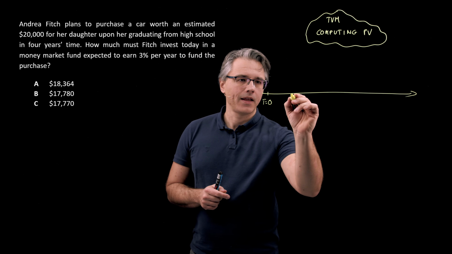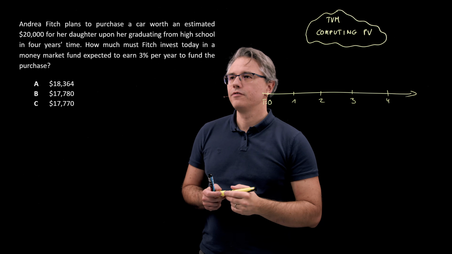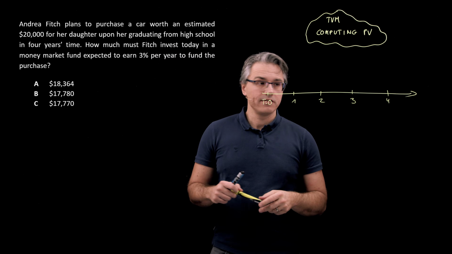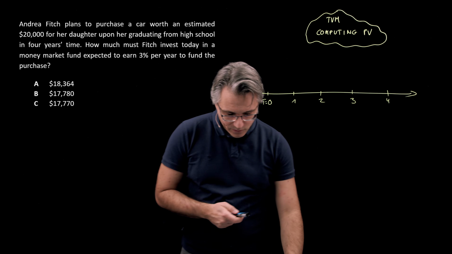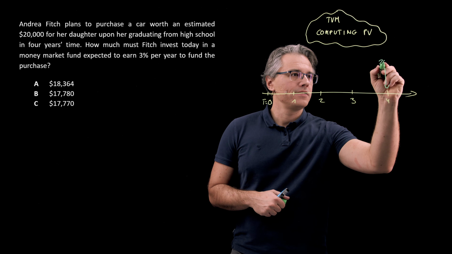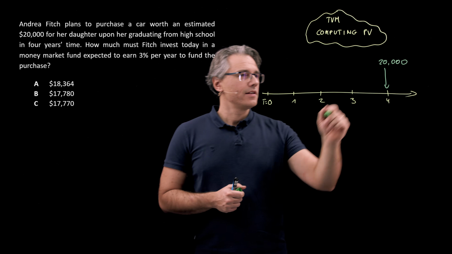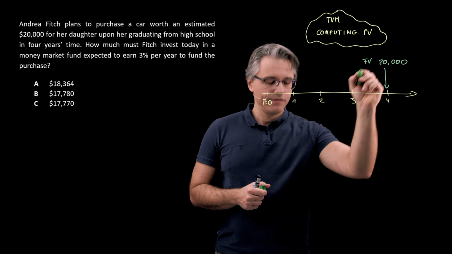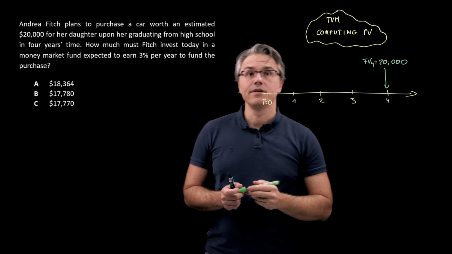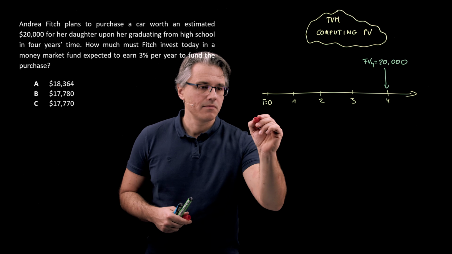And then end of year 1, end of year 2, end of year 3, and end of year 4, because Fitch's daughter is going to graduate from high school in 4 years' time, and that's when she will need an expected $20,000 to buy a car for her daughter. So that's going to be our FV essentially, the future value at time 4. And what we're looking for in this problem is PV.